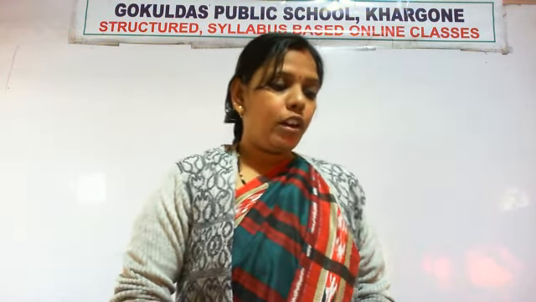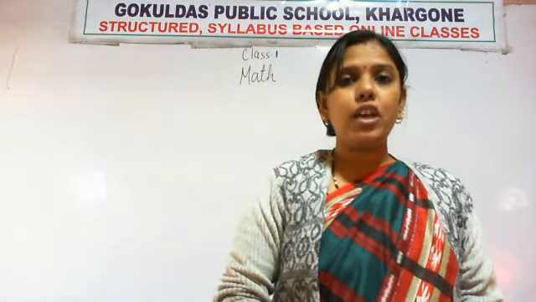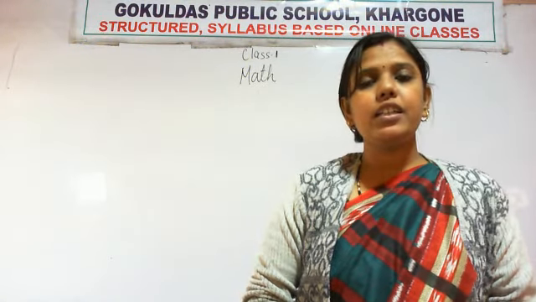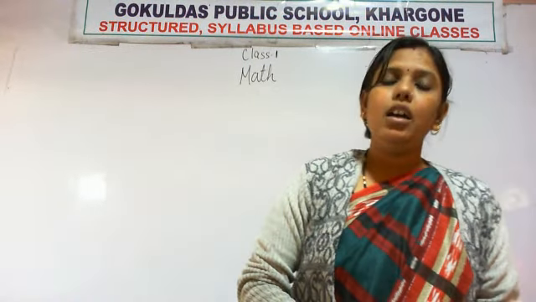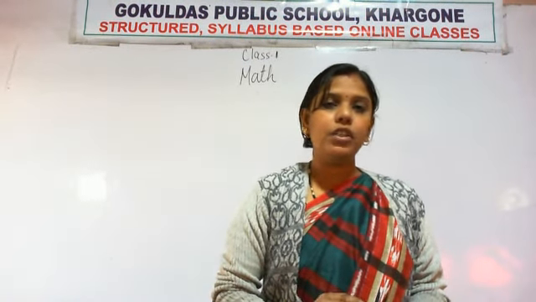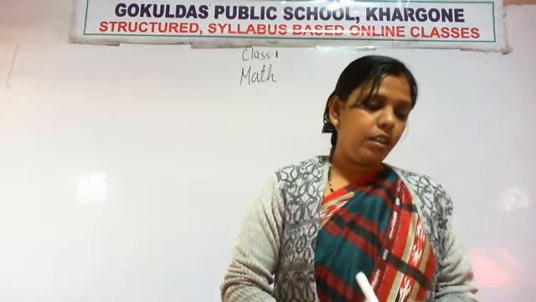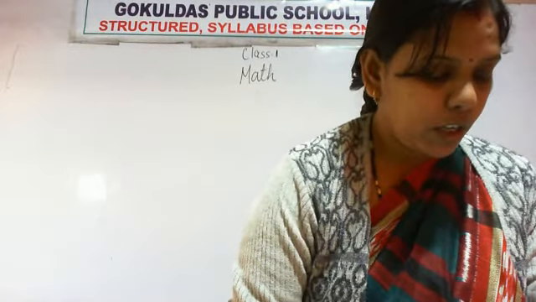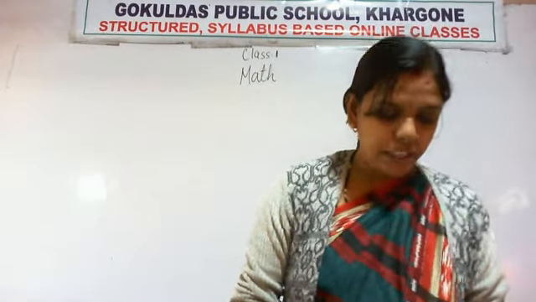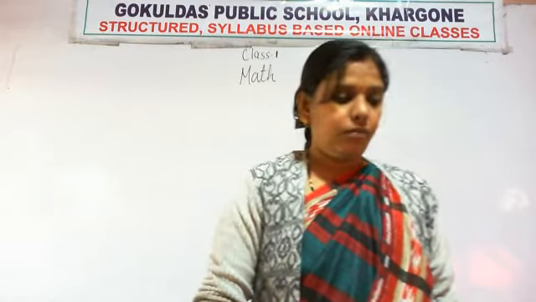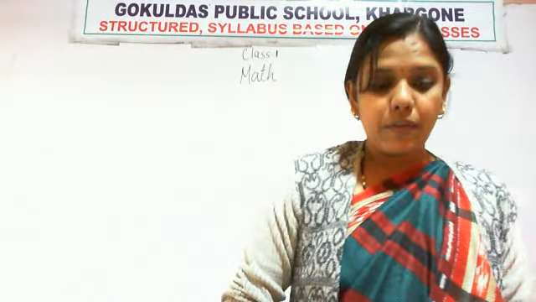We have already completed our fourth chapter, addition and subtraction up to number 10, and we are doing revision time. In that revision time also, so many questions we have solved. Open page number 71 in your maths book.